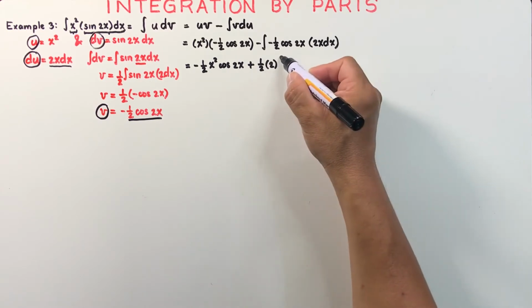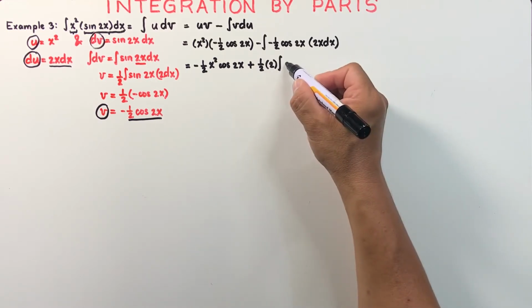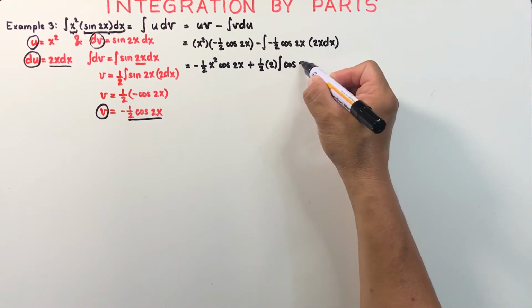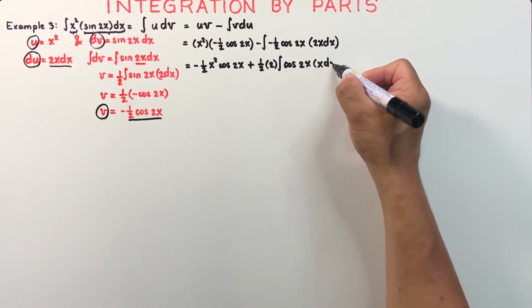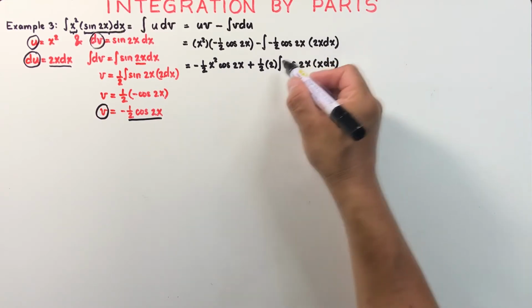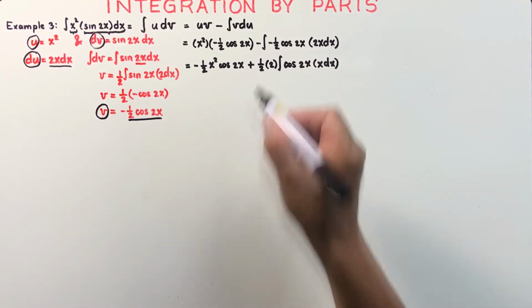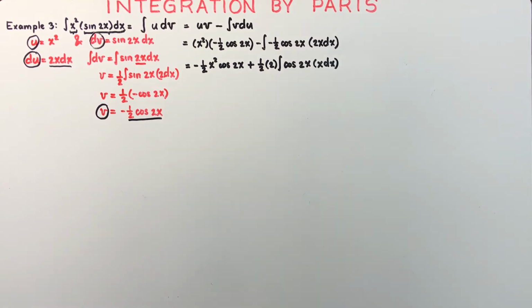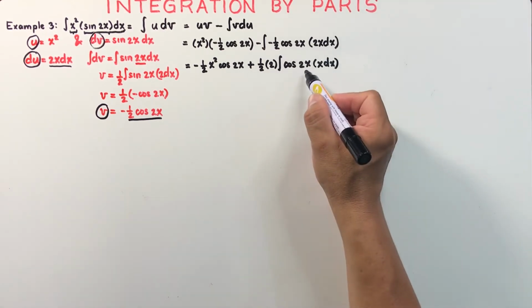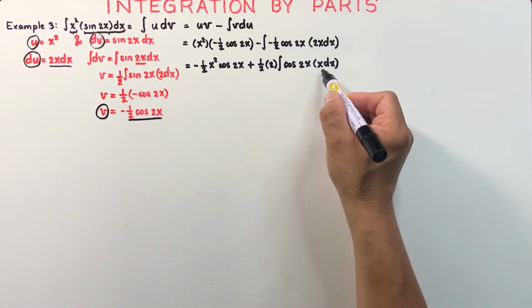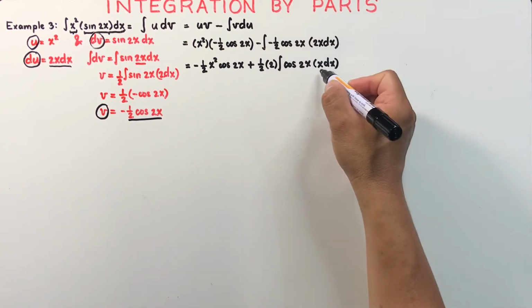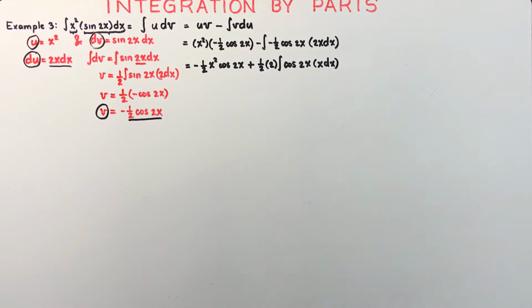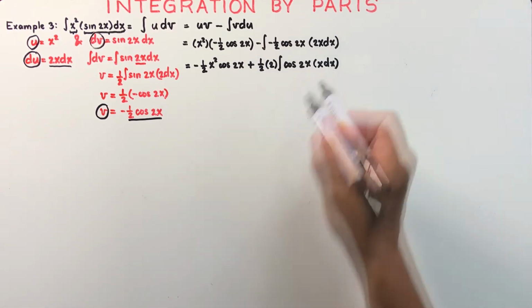And this is multiplied to the integral of cosine 2x times x dx, because the 2 here is already written in front of the integral symbol. Now, as you can see that the derivative of 2x is not x, but it is just 2. So we have an extra x here. So we cannot easily integrate this one.